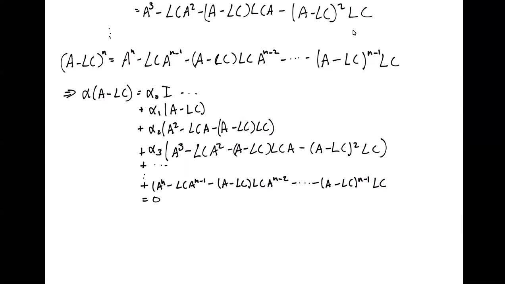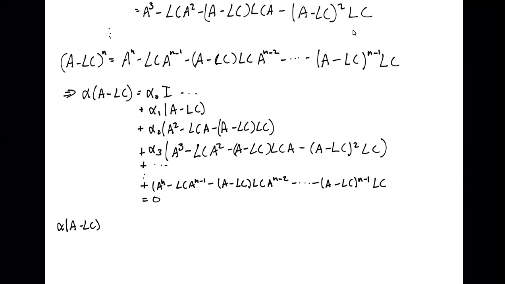All right, and so then we can notice that we can rearrange the system such that we can pull out different parts of it. So if we look at this, we get alpha of A minus LC.